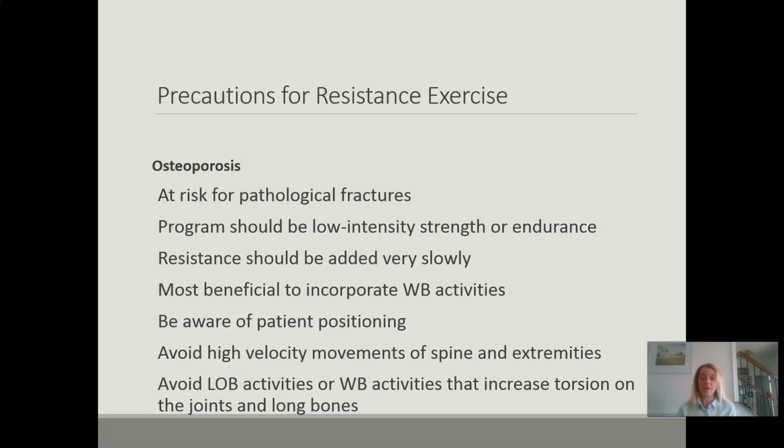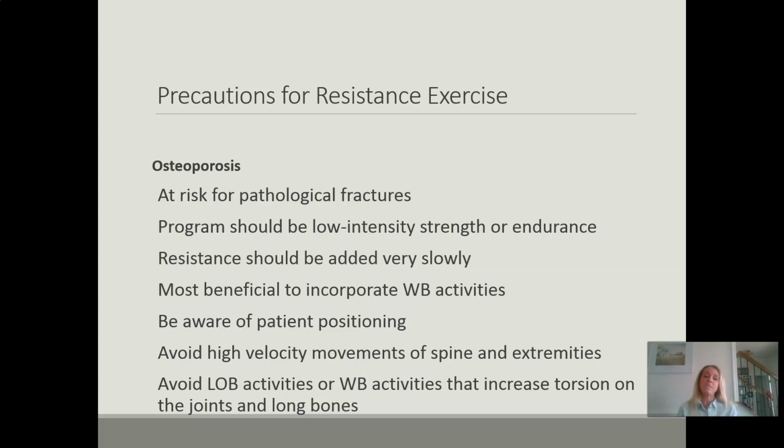And the best way to do that, Wolff's Law, again, is to actually put some forces through the bones. So if we give them all open chain activities or all pull programs where they're not weight bearing as much, then we're not going to be helping to increase the strength of their bones. So we do want to give them a resistance program. It's very important to do that, but we need to be careful about it and add the resistance very gradually and slowly.